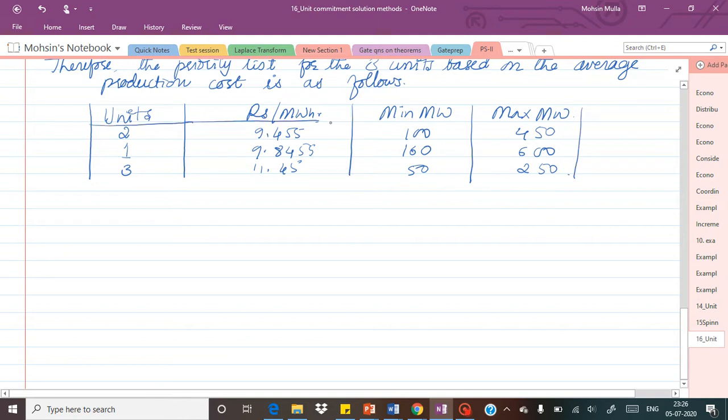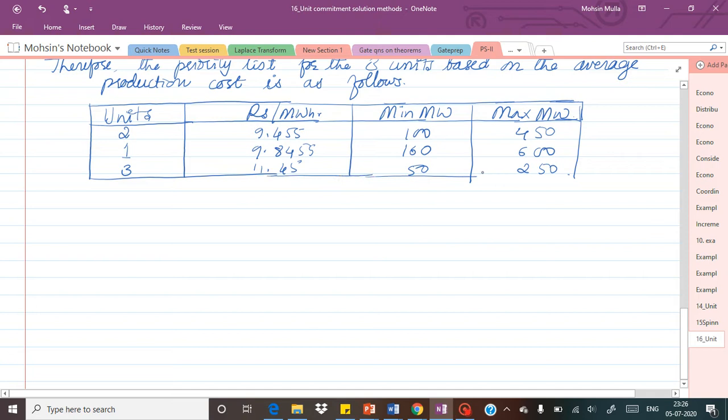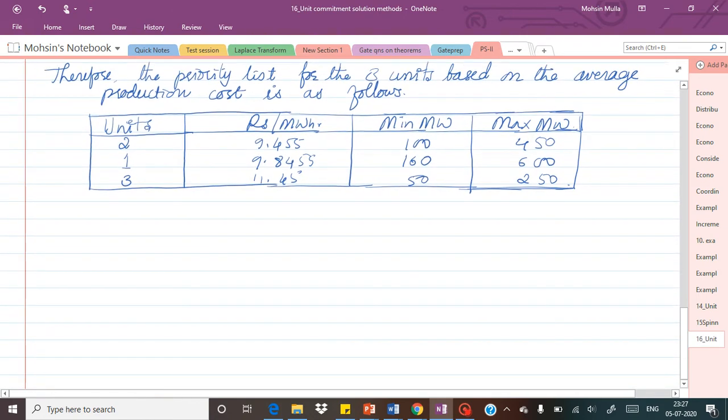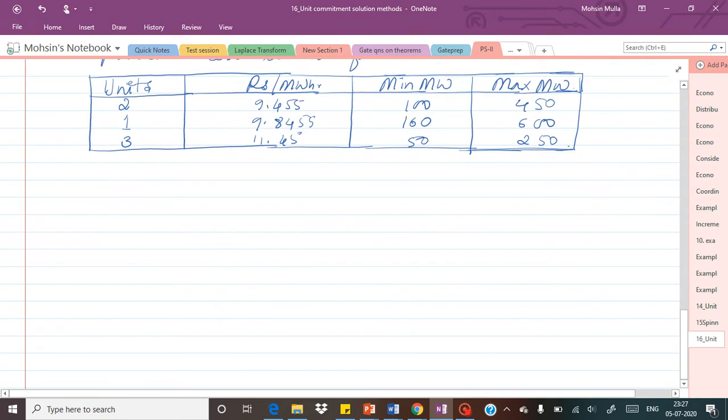In the first case, where we discussed unit commitment, we just used the available information, that was the fuel cost equation. Depending upon the three components of the fuel cost equation, we determined a particular list. Here, since the production cost is known, based on that production cost we can determine the number of units, or the order of the units to be kept on. We are going to consider this methodology depending upon the load value.